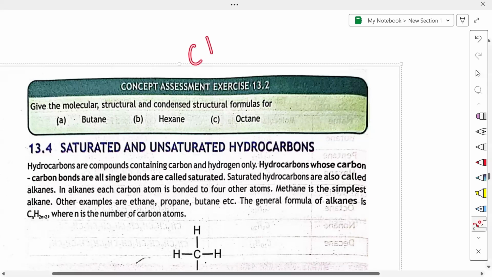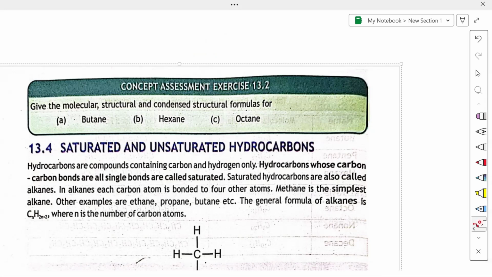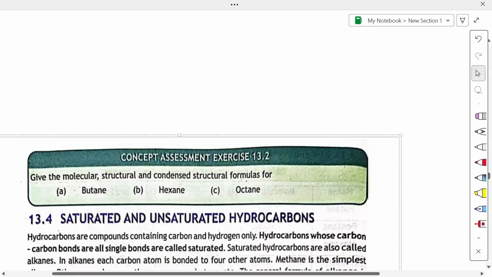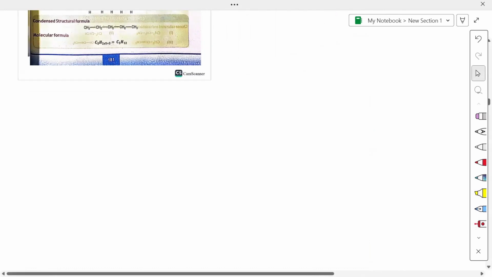It's C4H10. And the structure formula is carbon attached to hydrogen, and the condensed formula is again the same. It's not any different. In fact, they have already drawn it above for us.